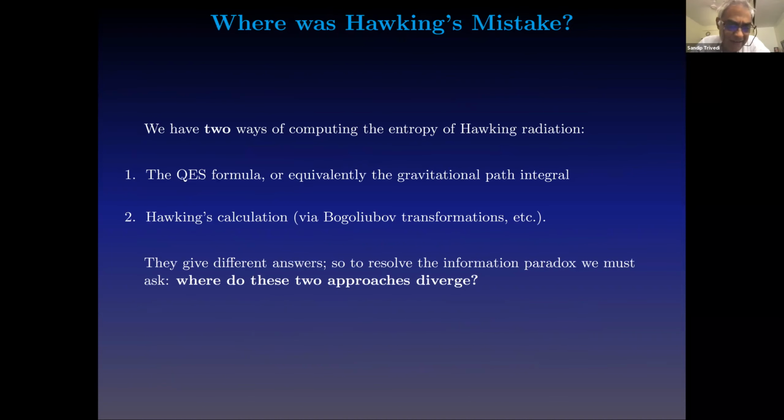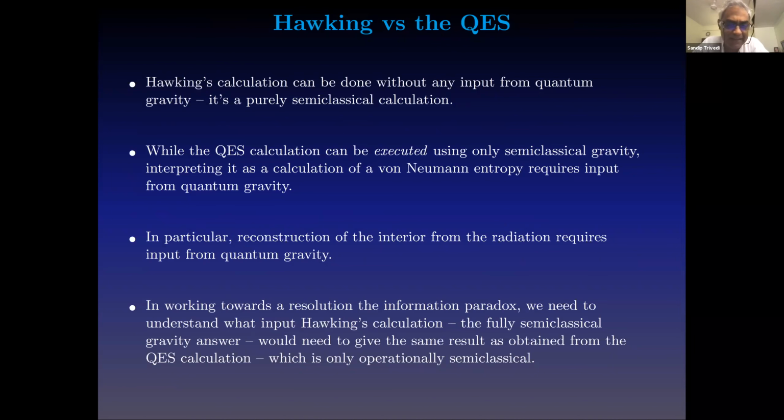So Netta, just to, can I put it this way? Hawking actually calculated the state of the outgoing radiation, and he showed it was thermal, and then you can compute its entropy, and of course it's also thermal. Are you saying that what we would like to do is actually compute the corrections to the outgoing radiation state?